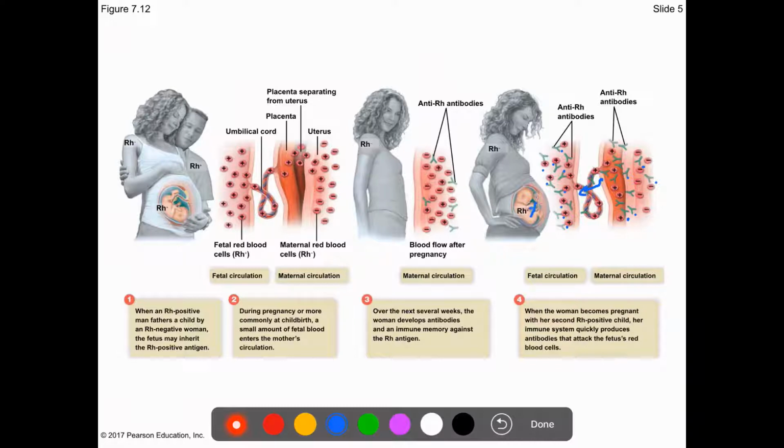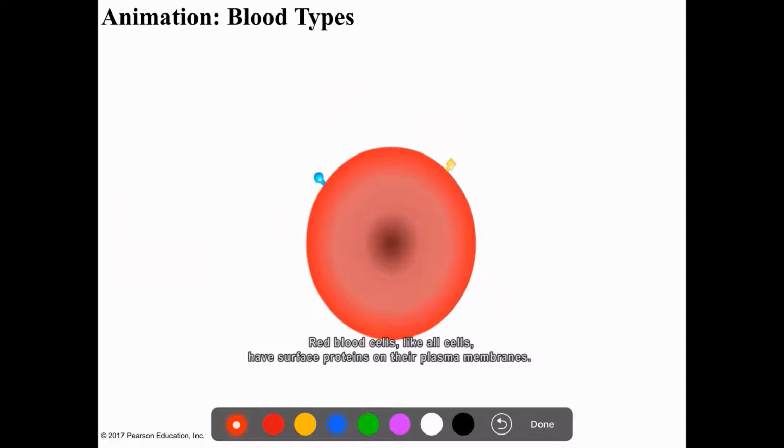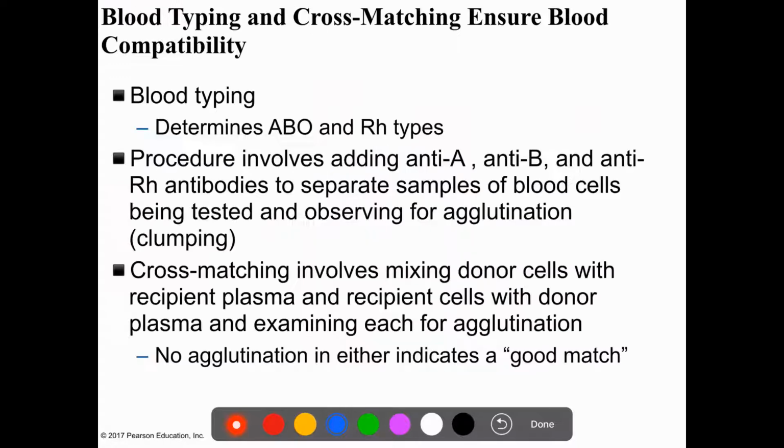This unfortunately would kill the baby and lead to miscarriage. So usually, if there is an Rh negative mom, she would receive a shot to prevent formation of these antibodies, and in this case the baby survives. This is an animation about the blood type. Please watch it.